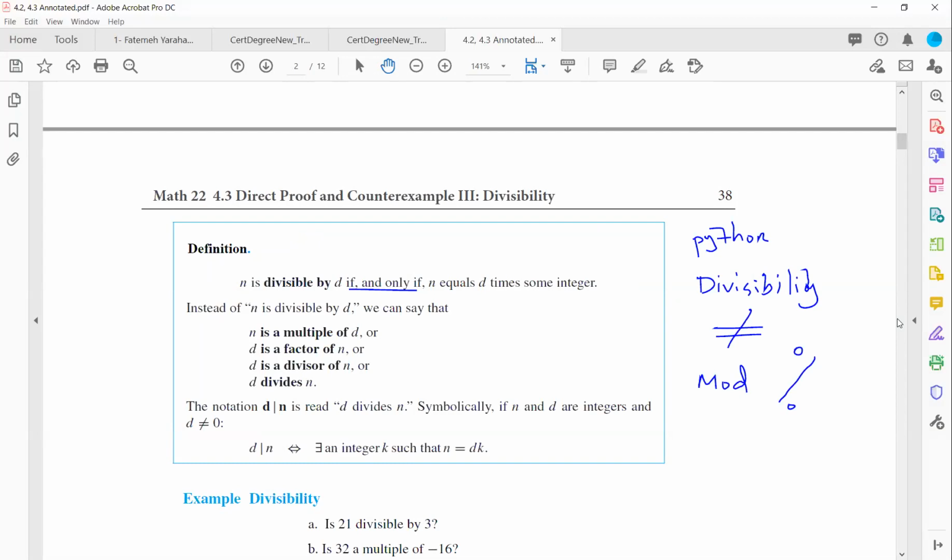The mod operator gives you the remainder as the outcome.